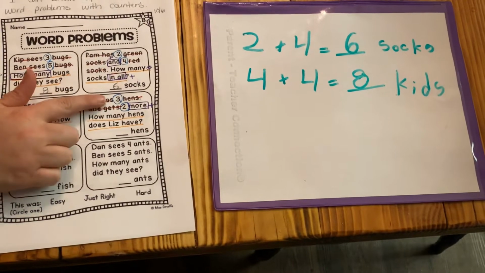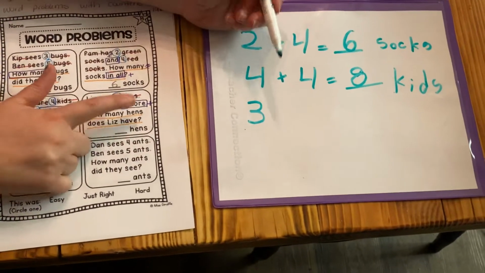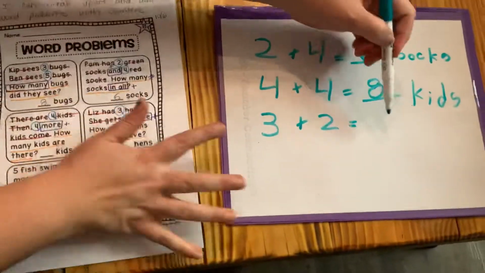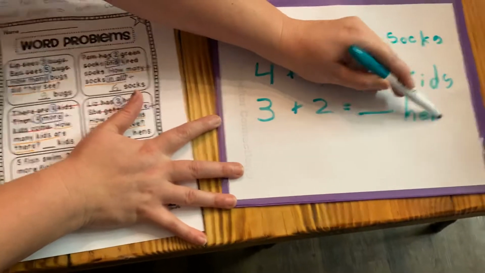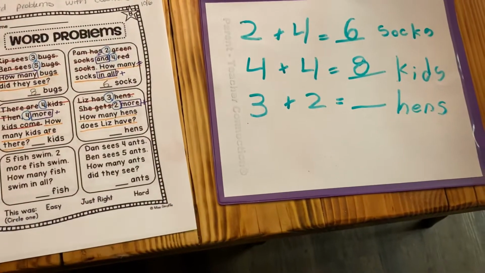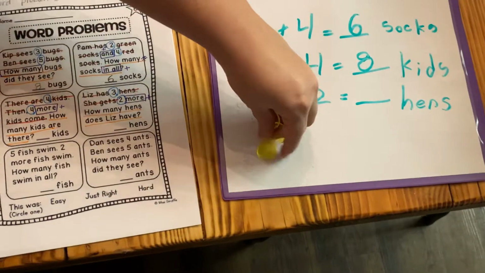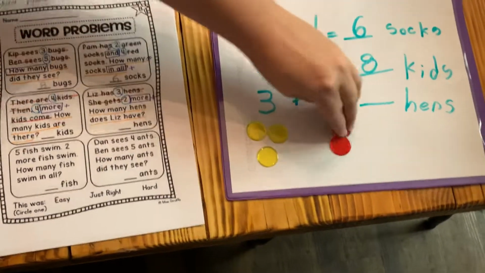These are the things that are not used. Okay, so transferring my equation, I have 3 plus 2 equals blank hens. Make sure you talk about what we're adding. We're adding hens. Okay, so I have 3 and I have 2.